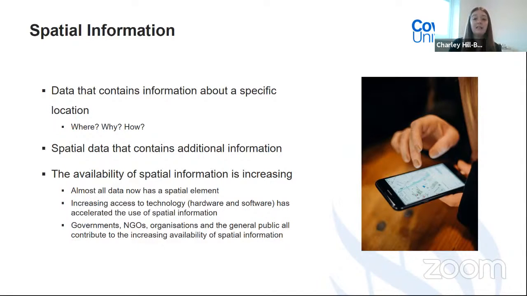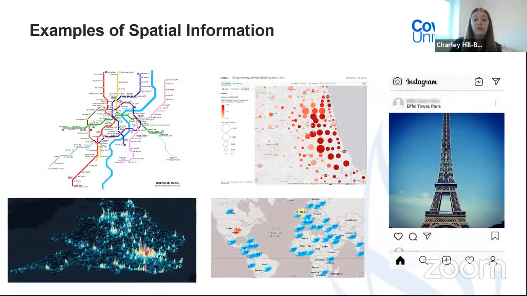So looking at examples of spatial information then, there are a number of things that you probably don't even realise contain spatial information. If we look at a few examples here, most of you have either got a Twitter, a Facebook, or an Instagram account. But what's happening is that we can begin to map that engagement through a social media platform, to map your engagement and understand the spatial distribution of that information.